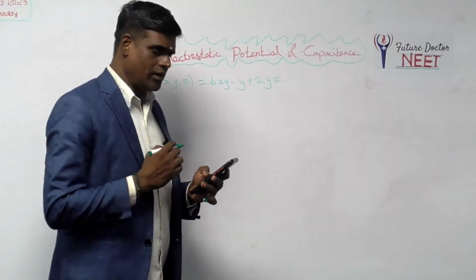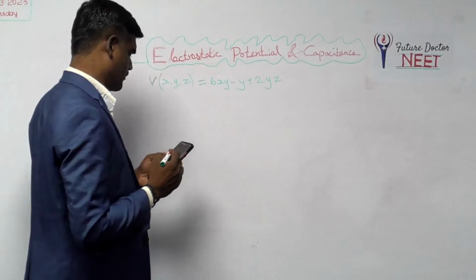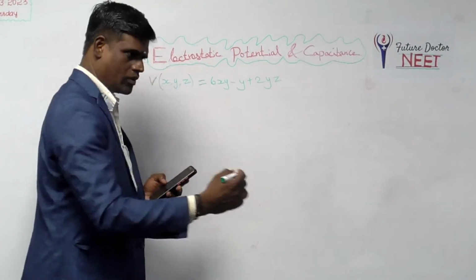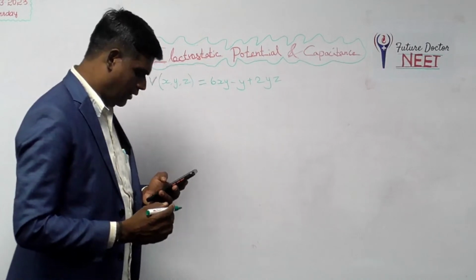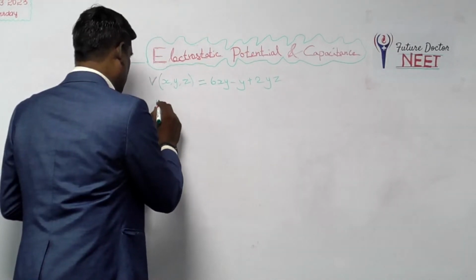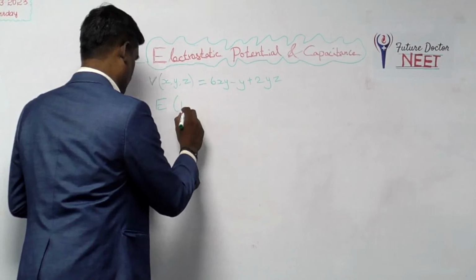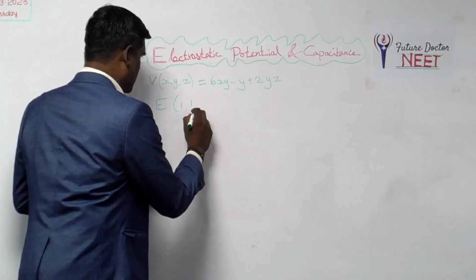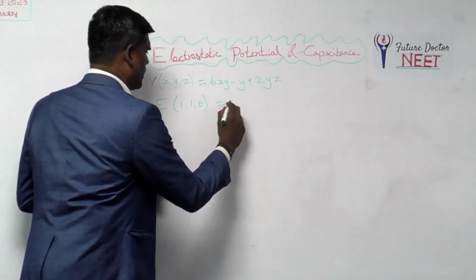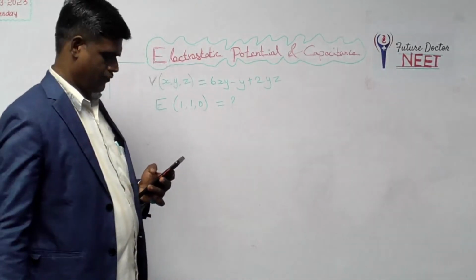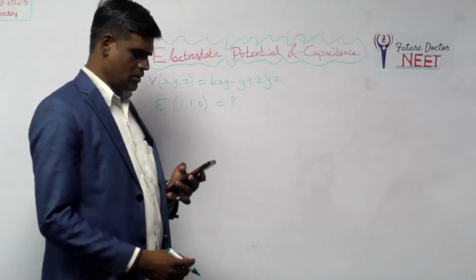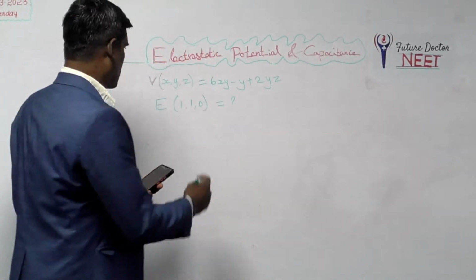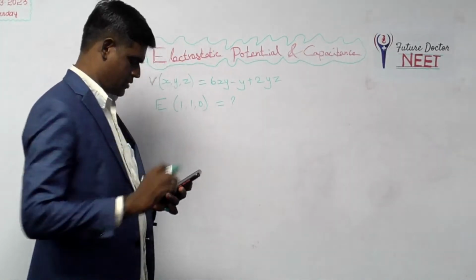The electric field at a point 1 comma 1 comma 0 is dash.